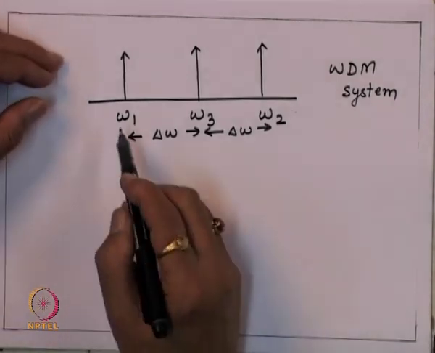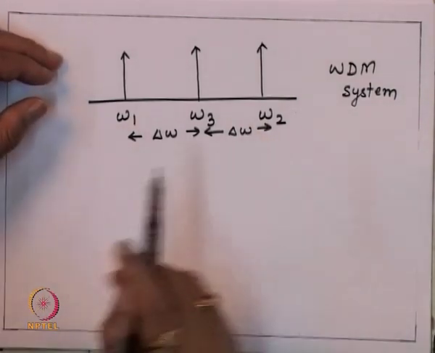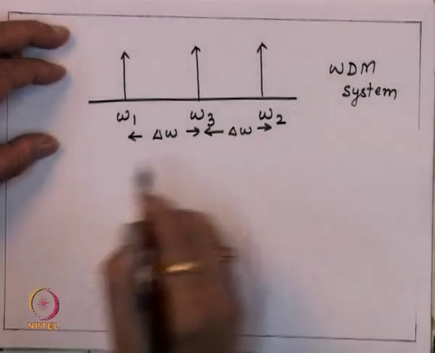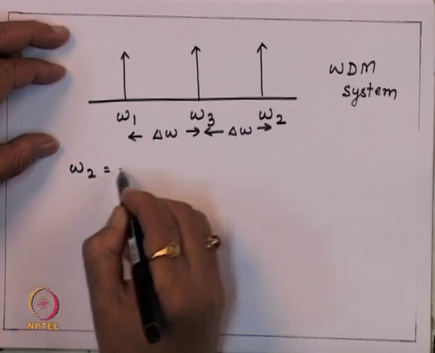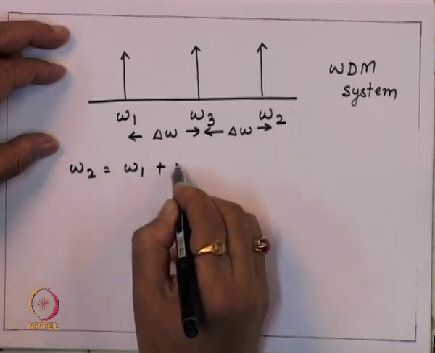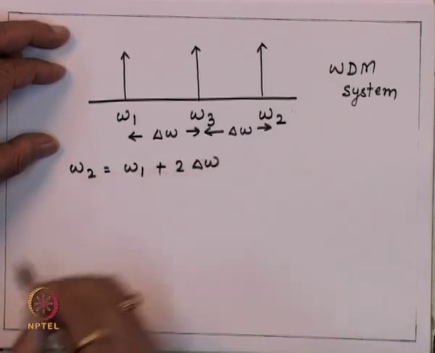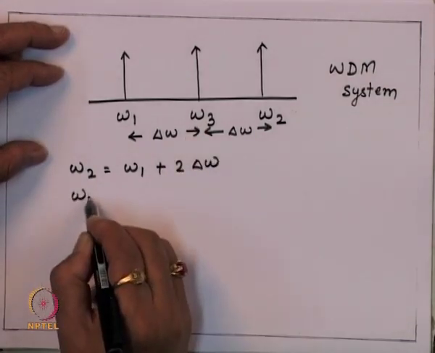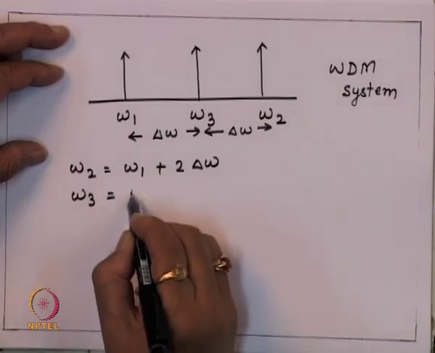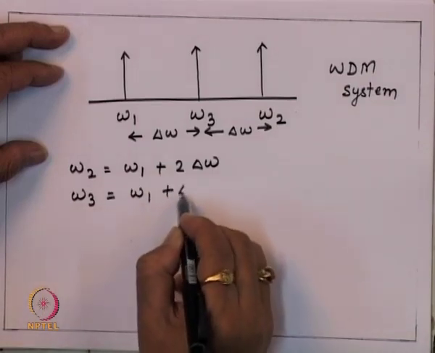Now, let us say these frequencies start propagating. So, this frequency omega 2 is nothing but omega 1 plus 2 times delta omega, and this frequency omega 3 is omega 1 plus delta omega.